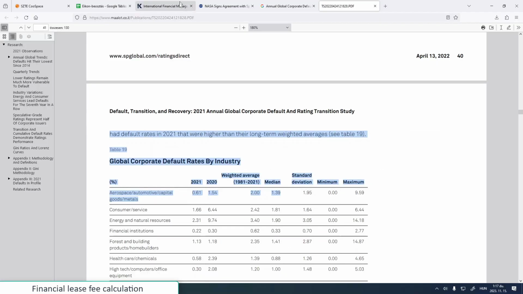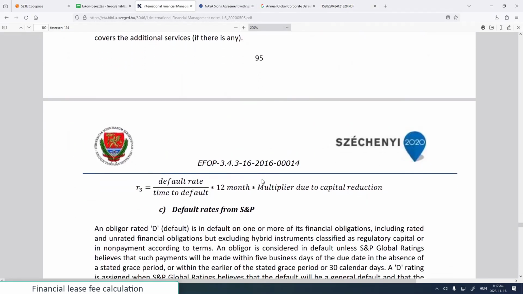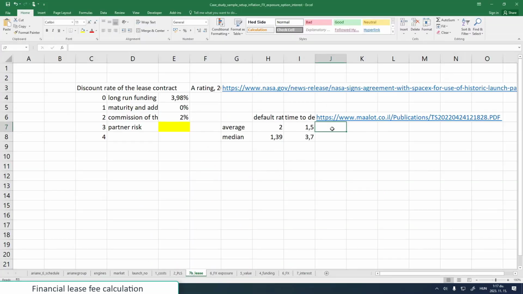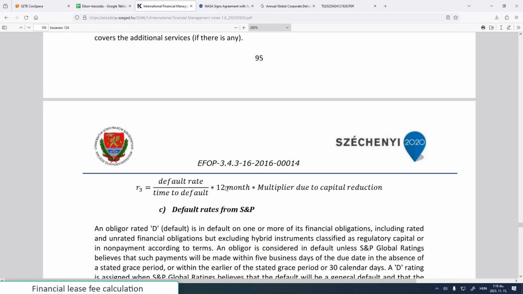Okay, so we were able to grab the data, so now we just have to calculate the return here. So default rate divided by time to default. And then we don't have to multiply it with months because we will just calculate with annual fees, so we don't have to deal with that one.